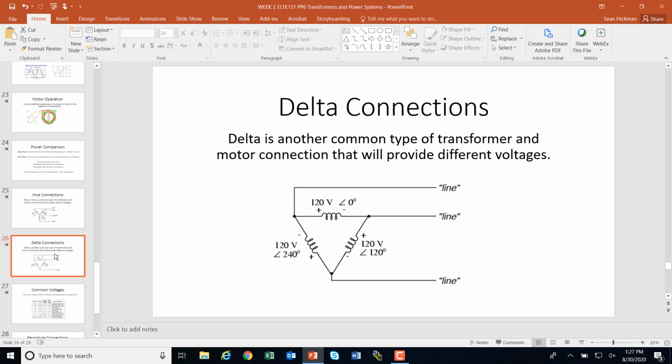And a delta connection is another way to connect them. These are connected end to end. So you have your phase 1, your line 1, line 2, line 3. And so between line 1 and line 2, there's no series. It's just a single coil. Okay. But you do have some other paths here. This is parallel, so you can come to this coil and then go to this coil and then to line.